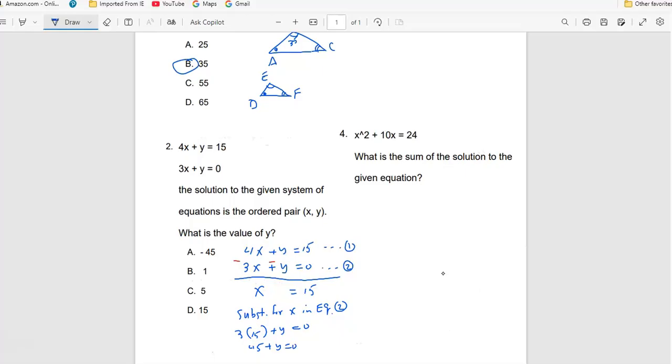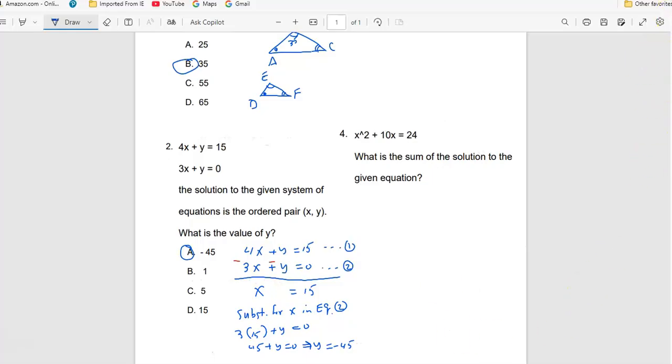Now if I subtract 45 from both sides, I get y by itself, equal to negative 45. And that's what we're looking for. We're looking for y. So y is negative 45. The answer is choice A.